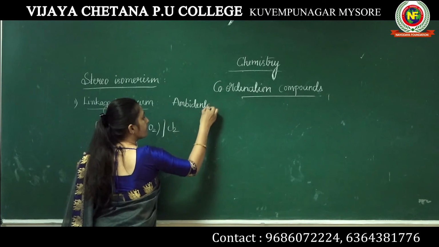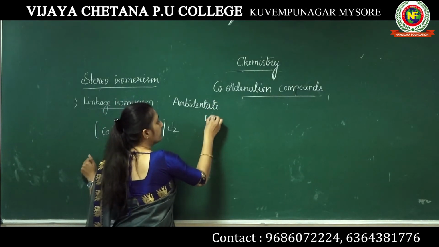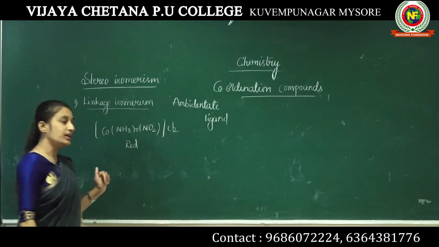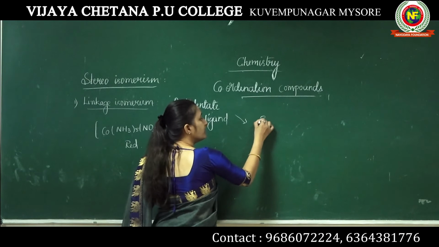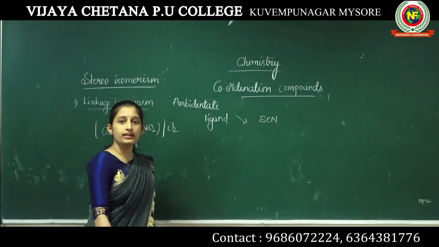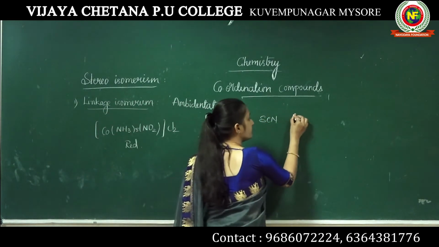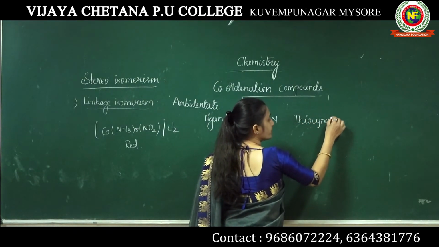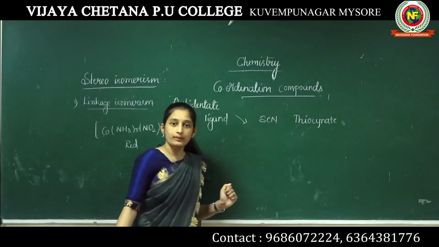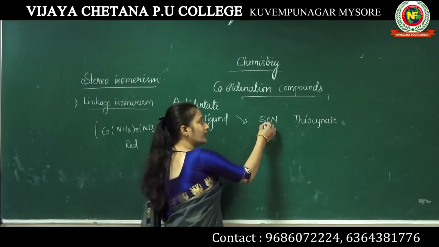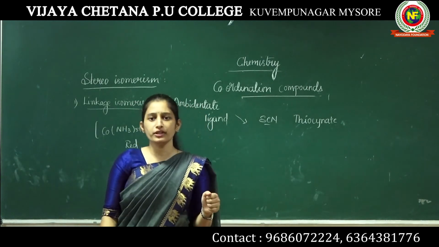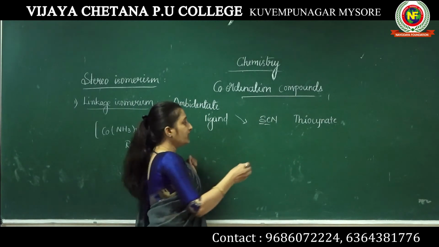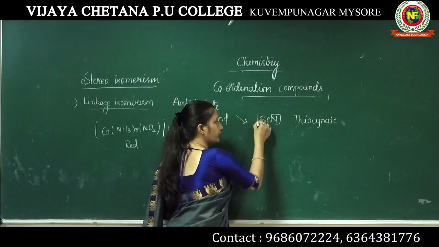What is this ambidentate ligand? Ambidentate ligand means doubtful. For example, SCN. What is this SCN? Thiocyanate. See, the carbon does not contain any lone pair of electrons, but sulfur contains a lone pair of electrons and nitrogen contains a lone pair of electrons.